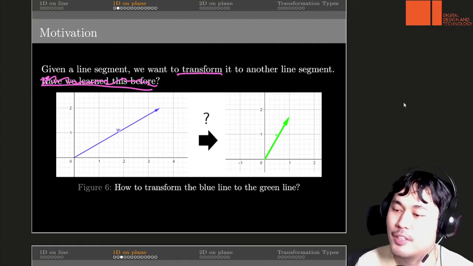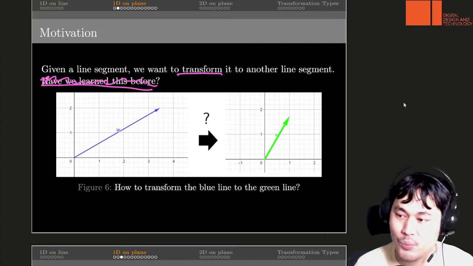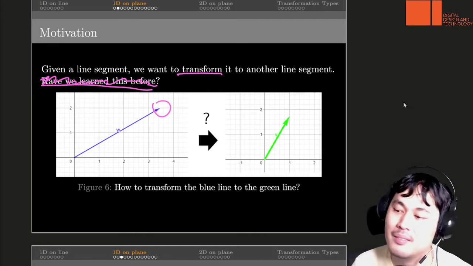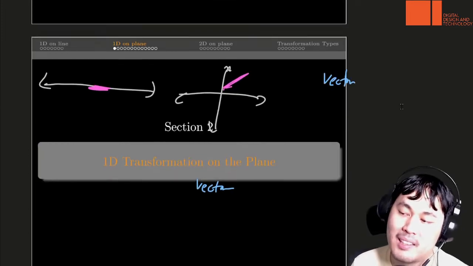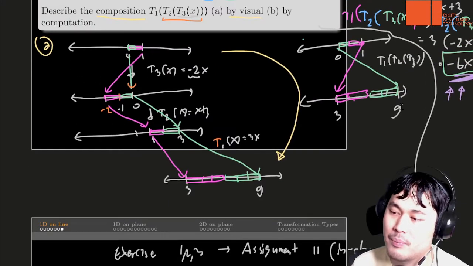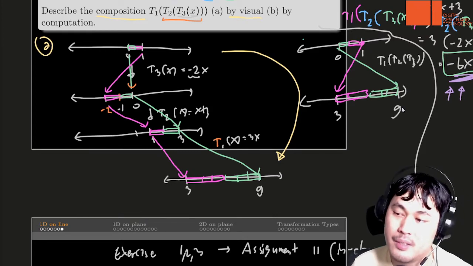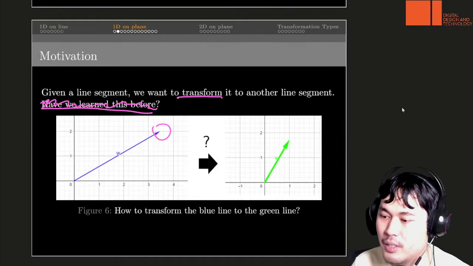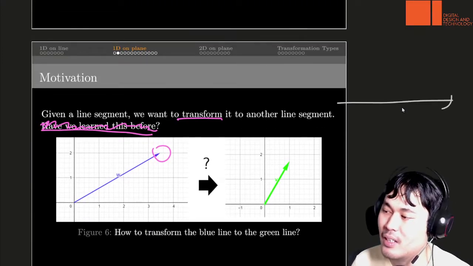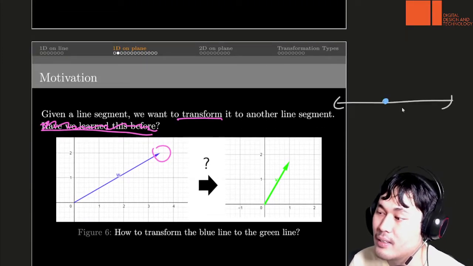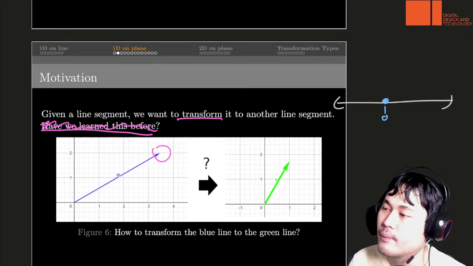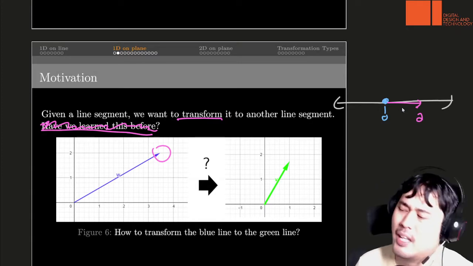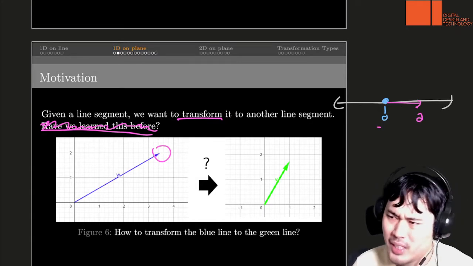The first thing I noticed is that I drew a line with an arrow. That's actually a vector. And if you go back, maybe a better way is to also think of this segment as a line with an arrow. Previously, you can think of what we just did as a line starting at 0 and ending at some point, let's say A, with an arrow, but in 1 dimension.